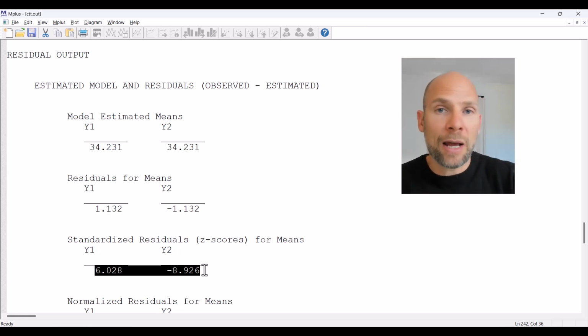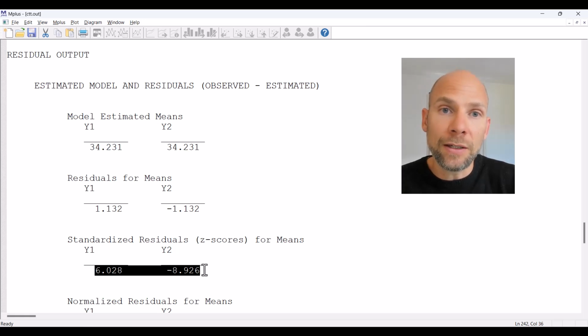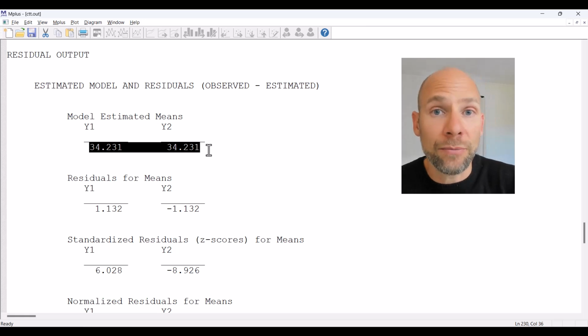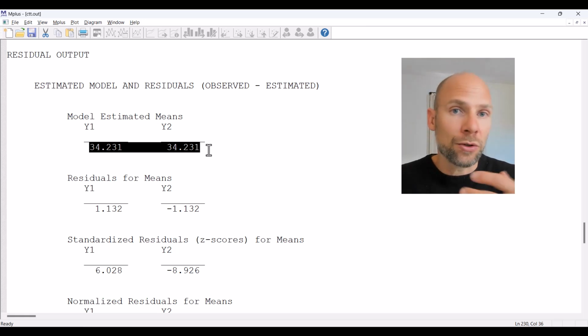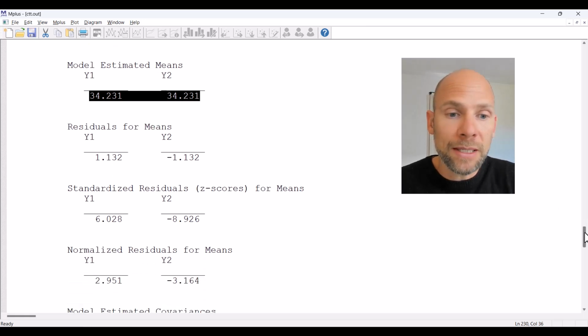So in terms of an absolute value, that's also large. A z-score of -9 is large, which would be significant, statistically speaking. And so this means that there's a significant discrepancy between the model estimated means and the observed means in our data. So those residuals are substantial, which could be a reason for model misfit.